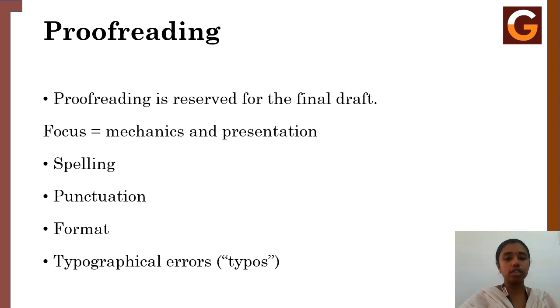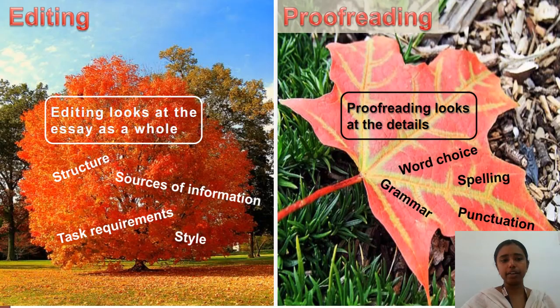So these are all the things that are involved in proofreading, where we look into the spelling, punctuation, format, and typo errors. Sometimes we might be negligent of the typographical errors, so it is the duty of the proofreader to look into them.